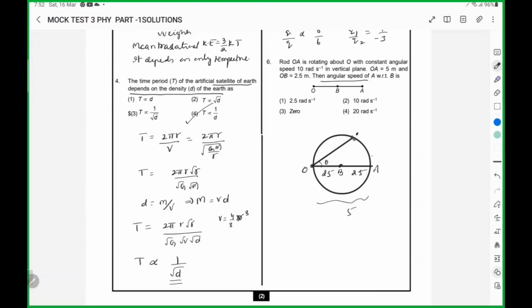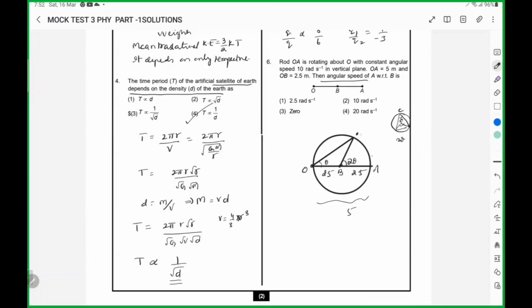Angular speed of A with respect to B means, here you have a property. This is the chord which subtends theta at the circumference. It subtends 2 theta at the center.